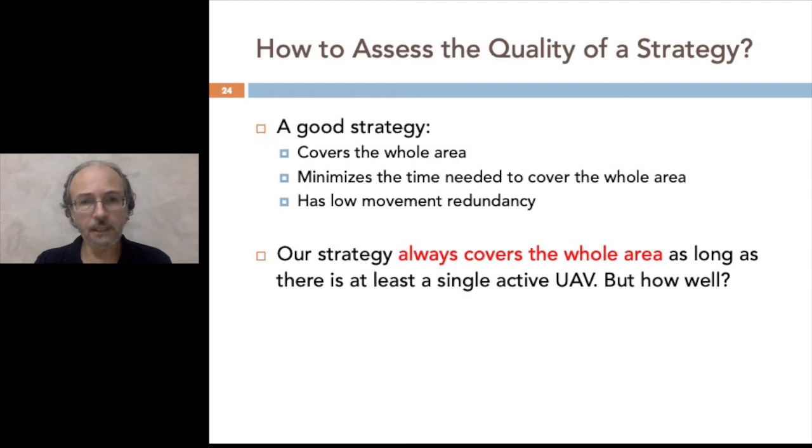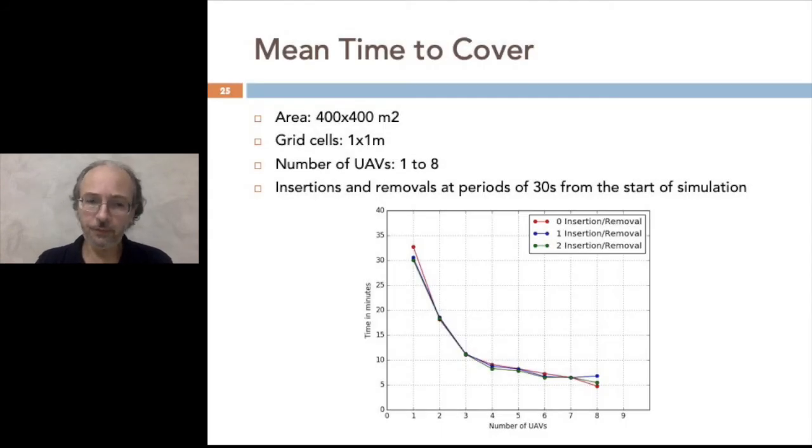Our strategy clearly always covers the whole area, because UAVs move to previously non-visited cells until all of them have been visited. But how well does our strategy cover the whole area? Using our framework, we implemented this strategy, and we have first computed the mean time to cover. We evaluated scenarios using from 1 to 8 UAVs. And for each number of UAVs, we consider 3 scenarios.